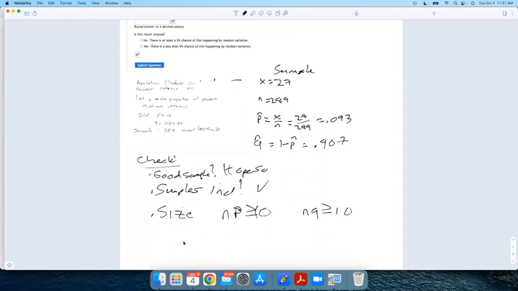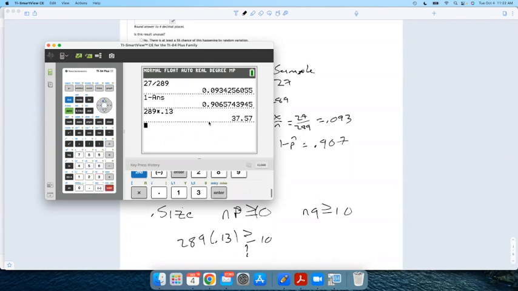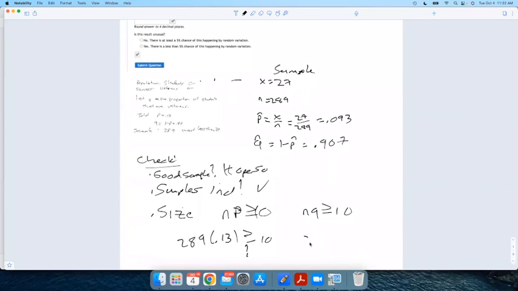So n times p, what was p? 0.13. Is that bigger than 10? Yes. And then I need n times q: 289 times 0.87. That's bigger than 10. If this one's bigger than 10, that's a bigger number. Yes, we meet all the conditions.